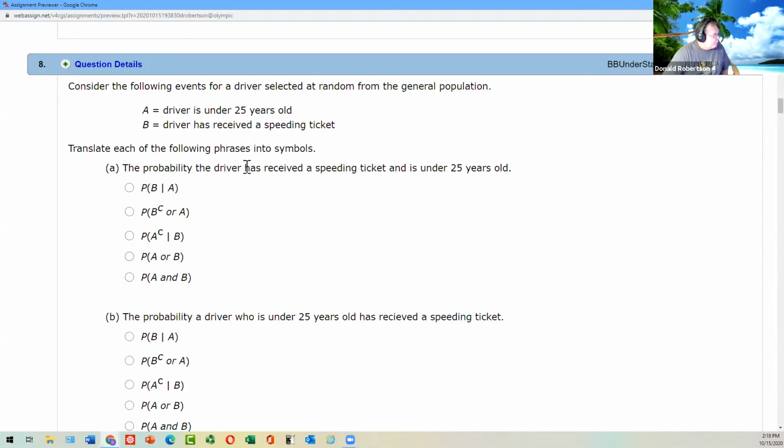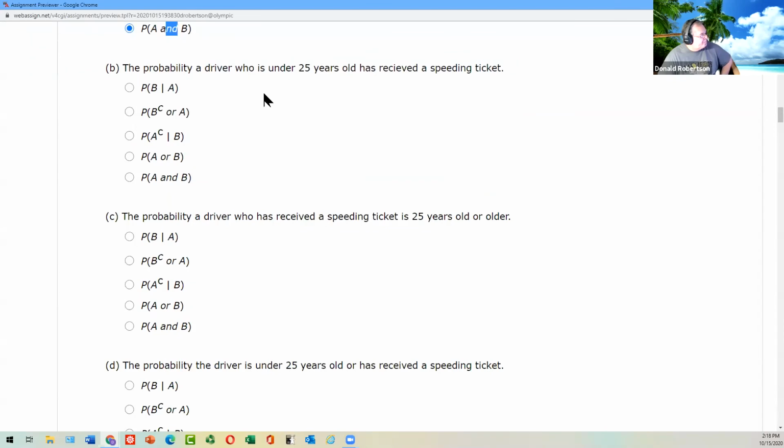What's the probability that the driver has received a speeding ticket and is under 25? Well, the minute I saw this word "and," that took me right to there. And none of the others even have it, so I'm just going to call it that one and move on.